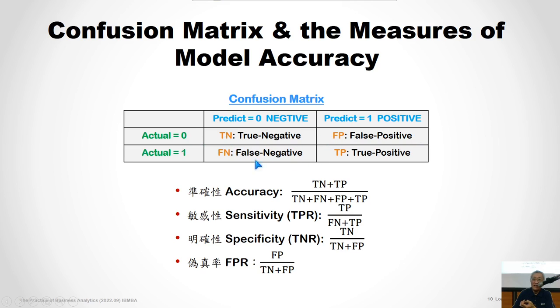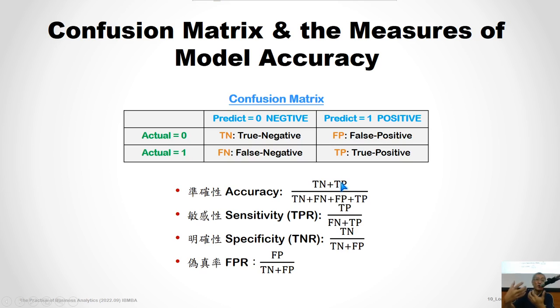So we have four numbers after you do the prediction and cut it at the threshold. And out of these four numbers, many different accuracy metrics can be calculated. The first is, of course, accuracy. For accuracy, you put the number of all data points as the denominator, and in the numerator you use the correct predictions.